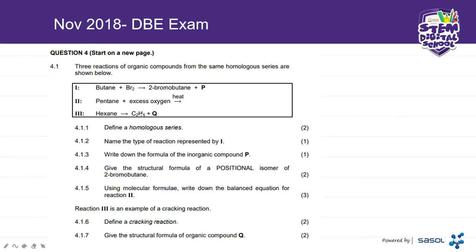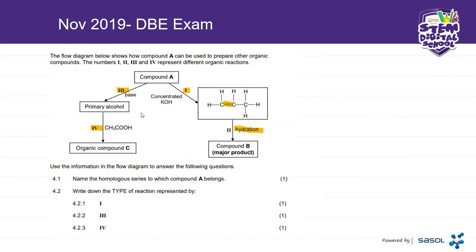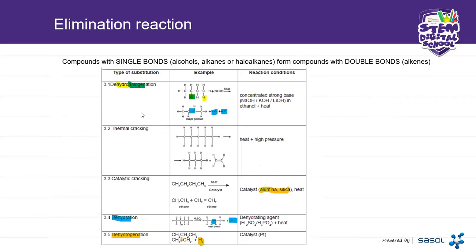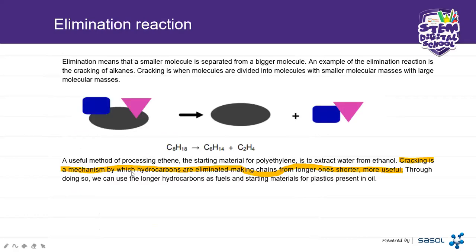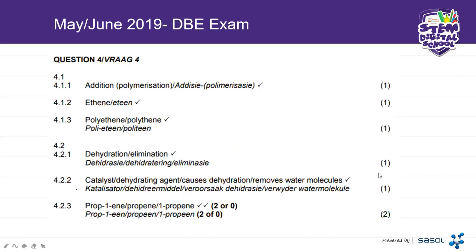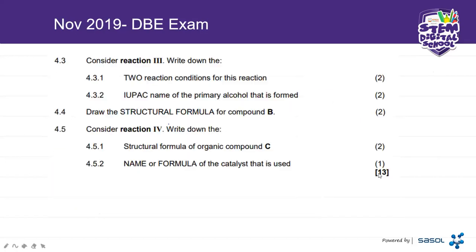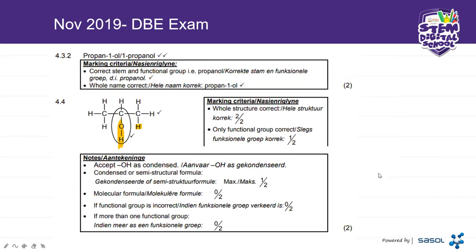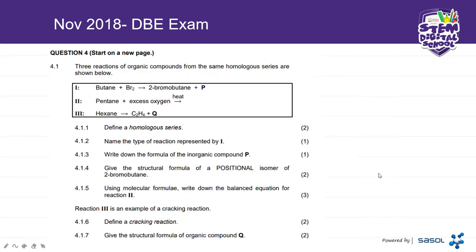Remember, that's our explanation that we had for our elimination reaction, which is our cracking. This is the cracking, a mechanism by which hydrocarbons are eliminated, making chains from longer ones shorter and more useful. So this is a cracking procedure, right? Okay. So after you've written down and you're clear of what you know and what you don't know, now we go to our questions.